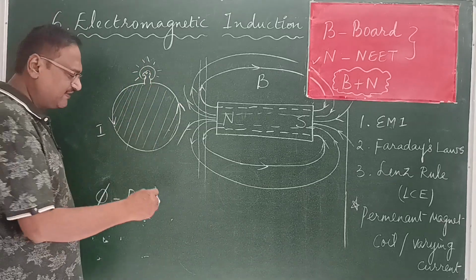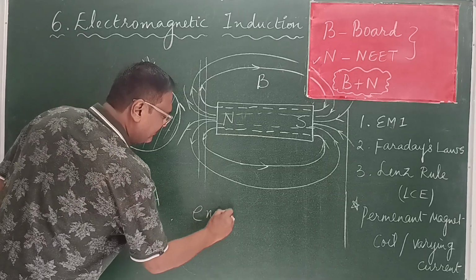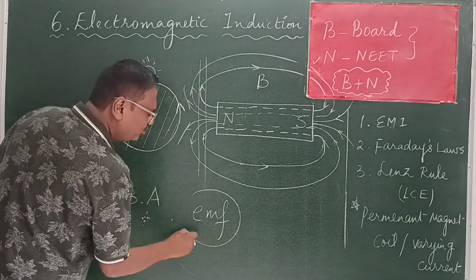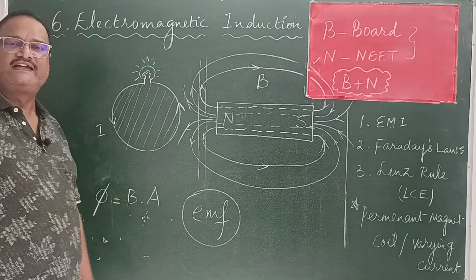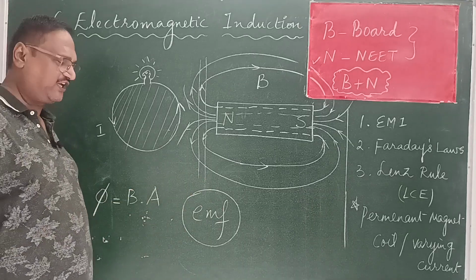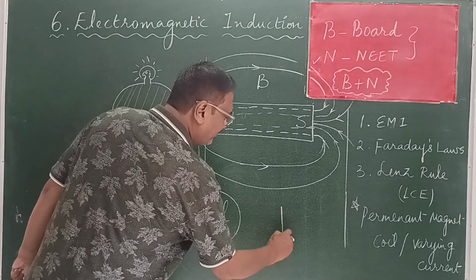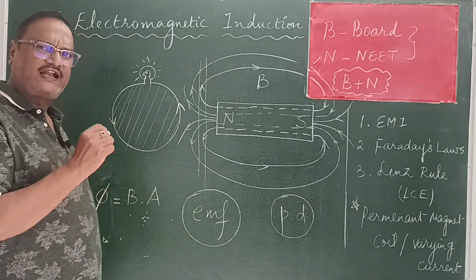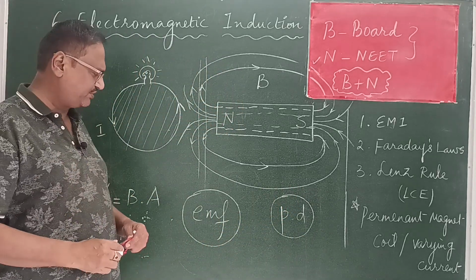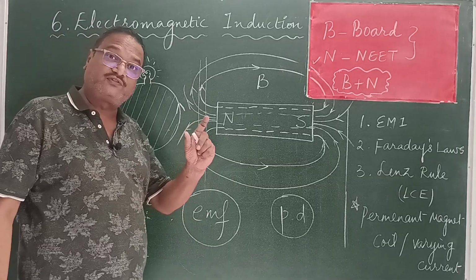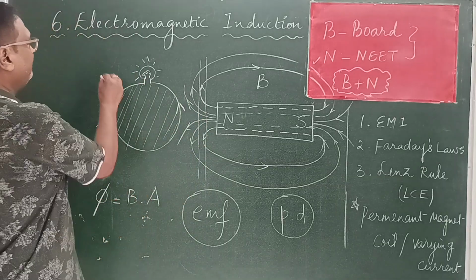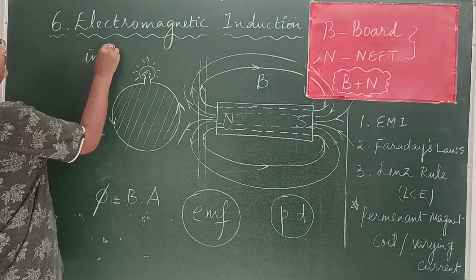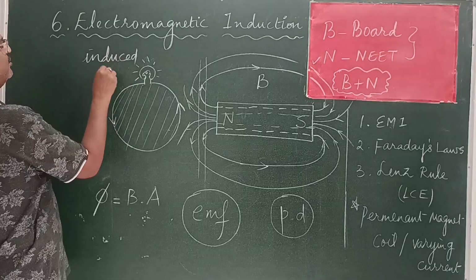In those days, the word EMF, the electromotive force, though we should not split it, EMF only we should say, whose equivalent nowadays is potential difference, not totally equal. A little we will understand about it from current electricity. Now the EMF is induced.